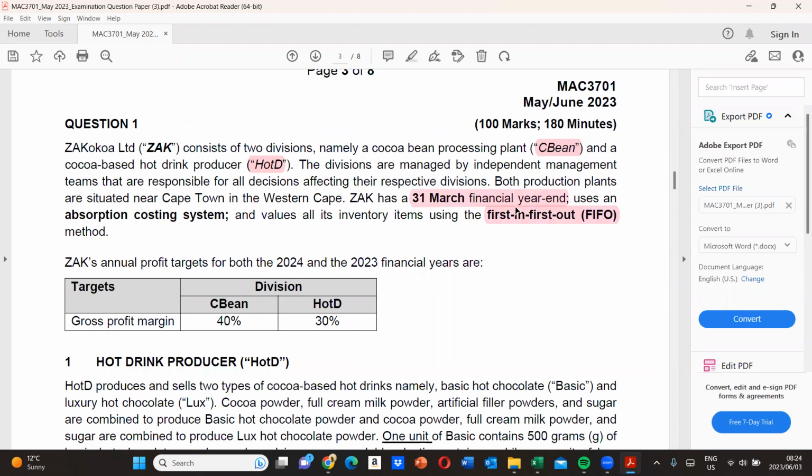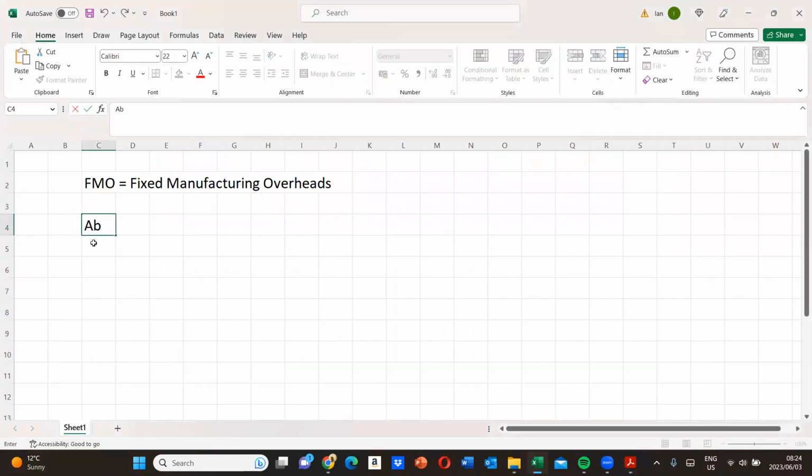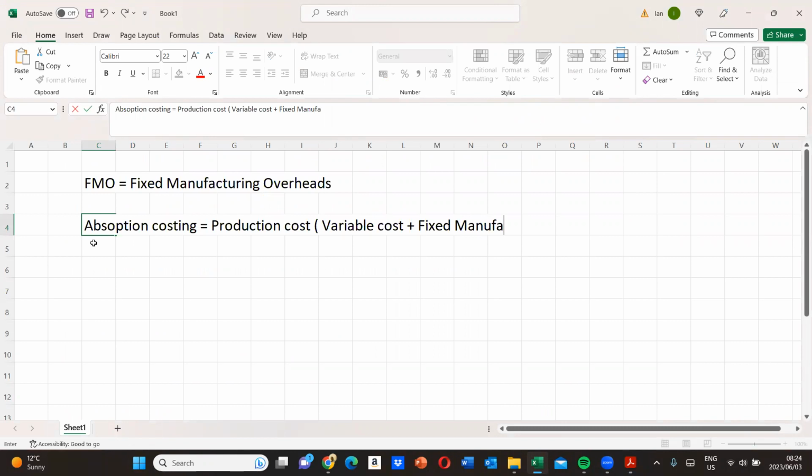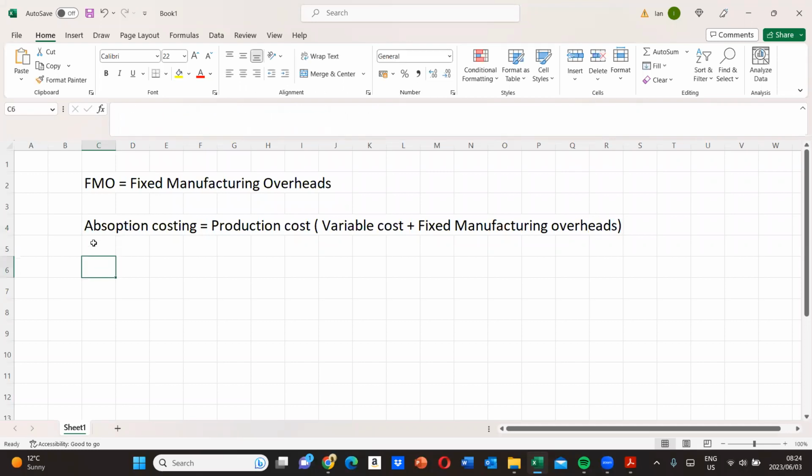Now, what did you learn about absorption costing as well as the first in, first out method? It's important that as you're reading, you remember that. So with absorption costing, we learned that production cost is equal to variable cost plus fixed manufacturing overheads. This is the implication of using absorption costing.